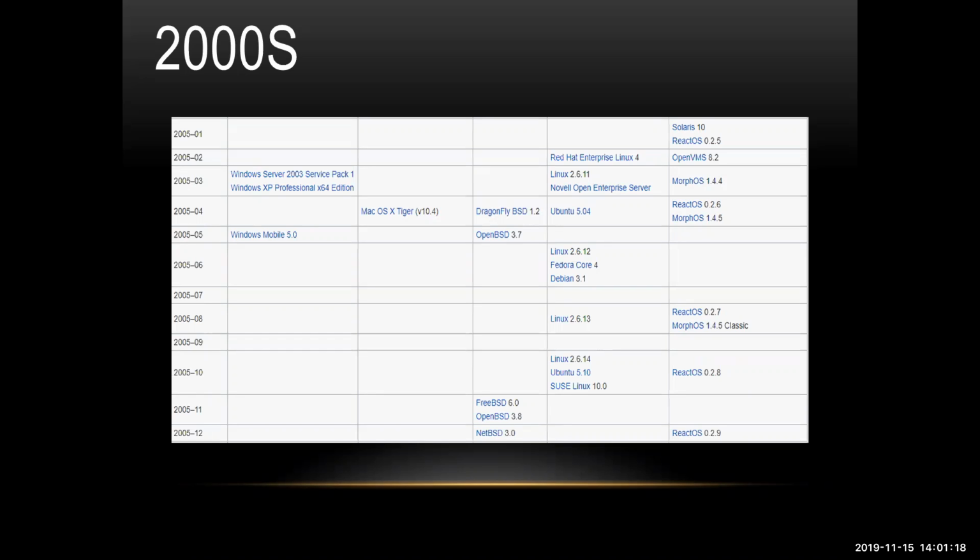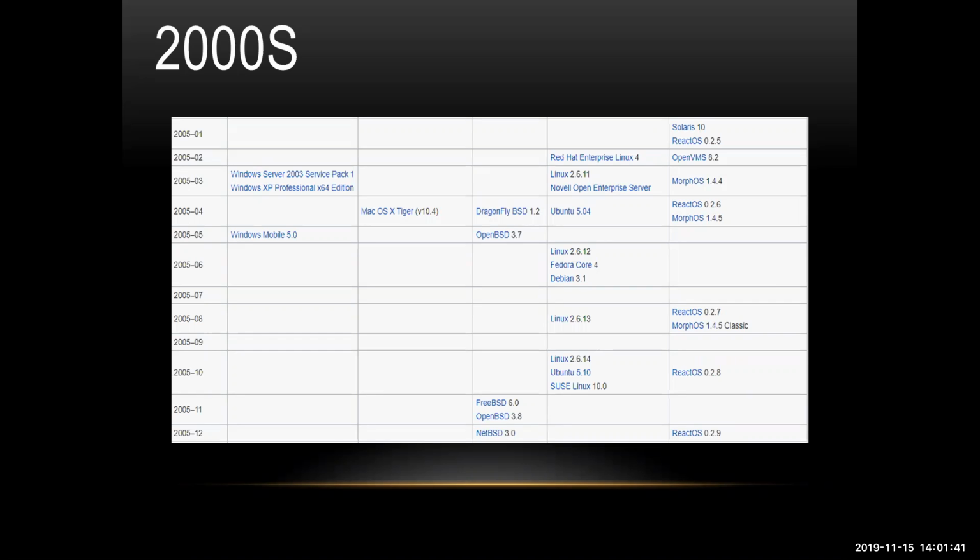And then in April, we had Mac OS X Tiger, DragonFly BSD, and Ubuntu 5.04, and ReactOS 0.2.6, MorphOS 1.4.5.